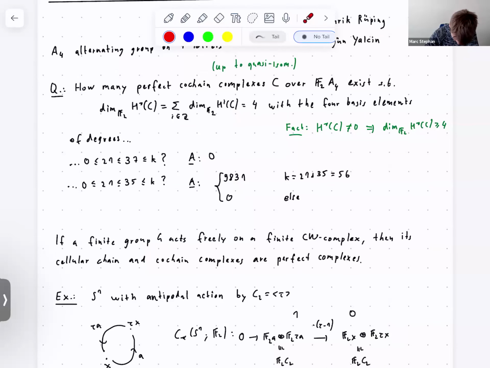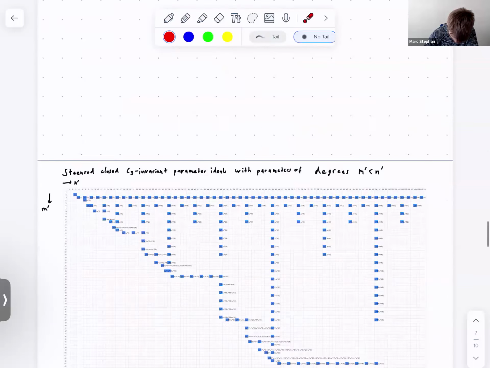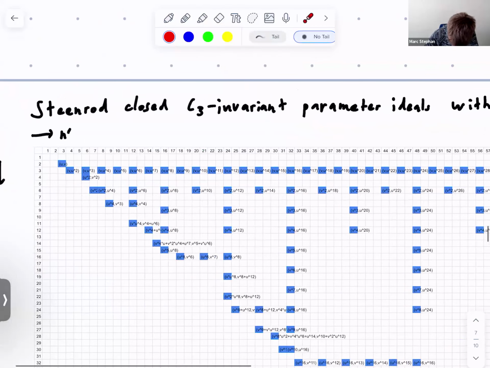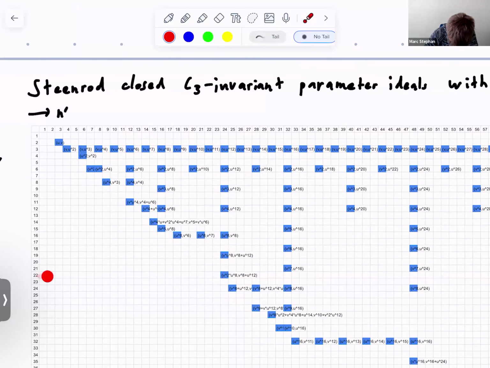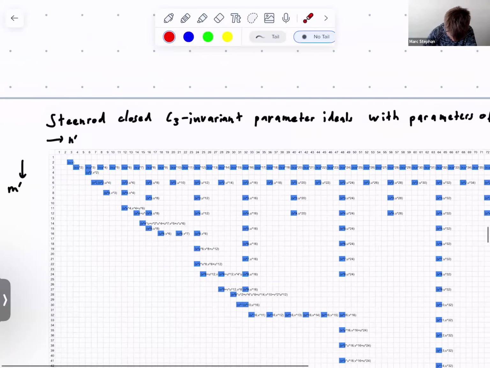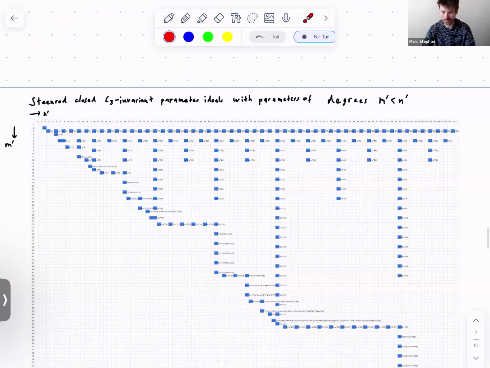So we need to look at parameters of degrees 22 and 36. Let's go into the table. Do we have a parameter in degrees 36 and 22? We don't. So the blue points tell us where we have a parameter ideal with the corresponding degrees that are written up here and here.